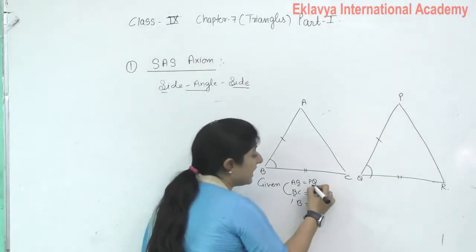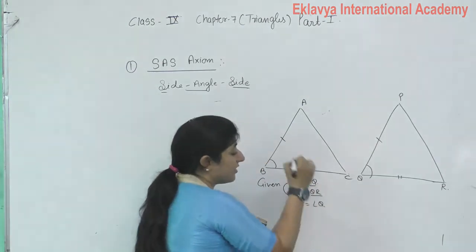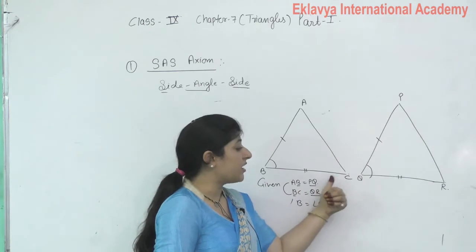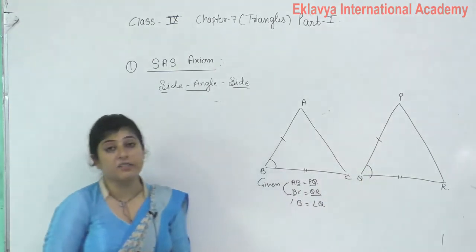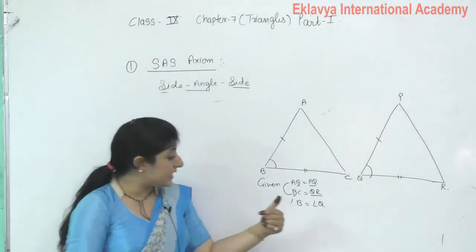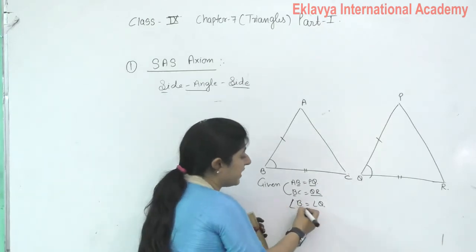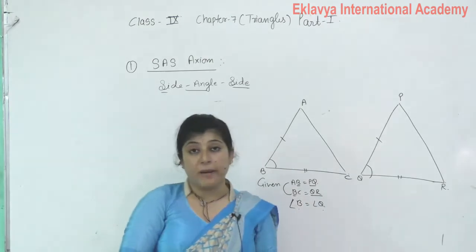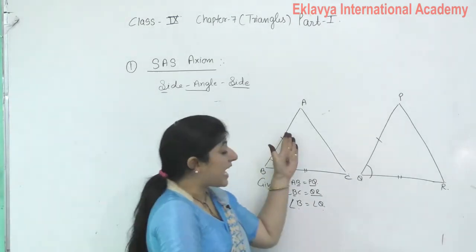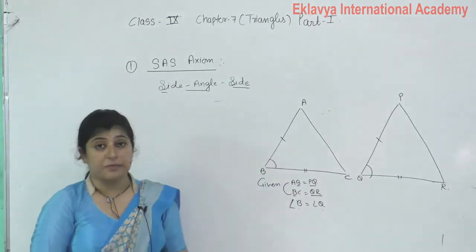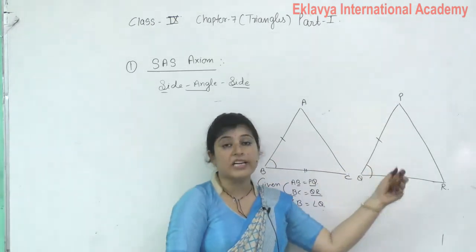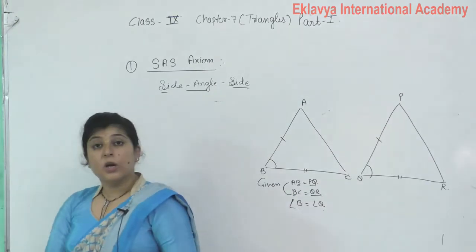Similarly, in this the common vertex is Q, then the included angle will be Q. So it is given to you that angle B is equal to angle Q. It means we can apply the SAS axiom. By SAS axiom we can say these two triangles are said to be congruent.